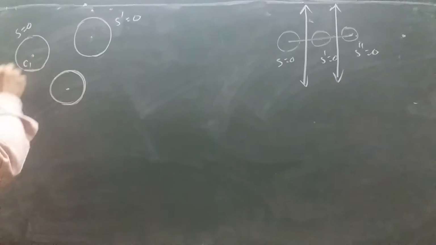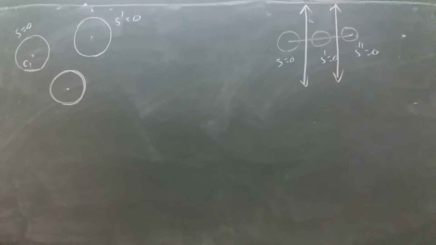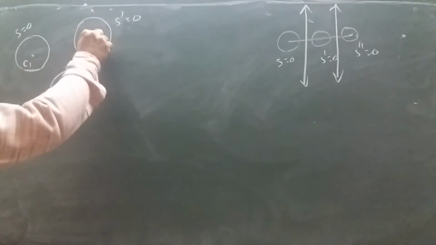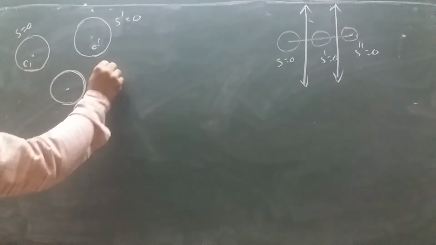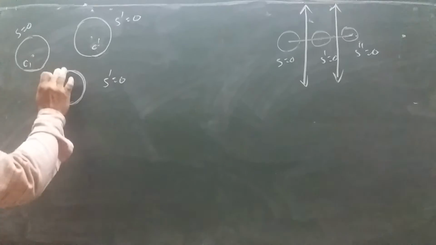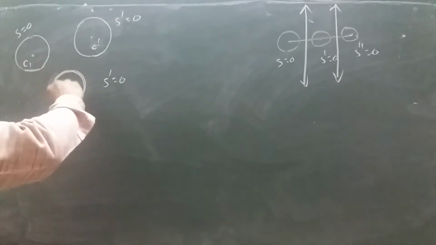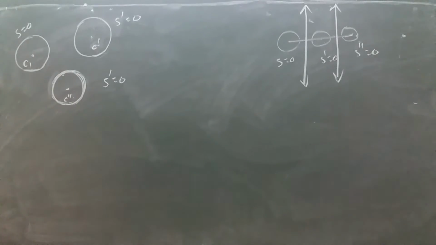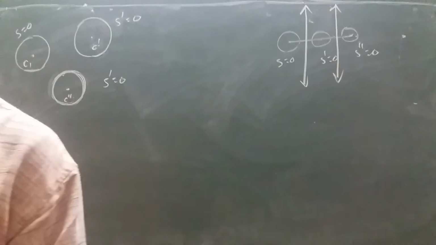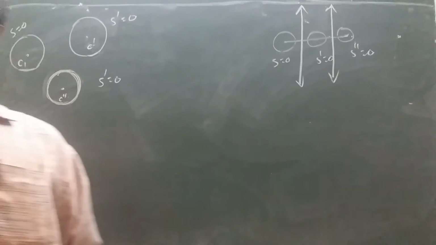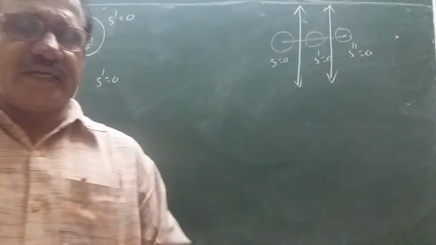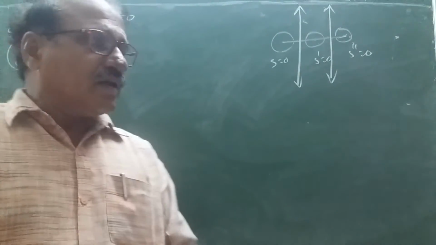If the center of S is equal to 0 is C, of S dash is C dash, and of S double dash is equal to 0 is C double dash, these three are non-collinear points. The centers are non-collinear. Then only we can talk about the radical center.